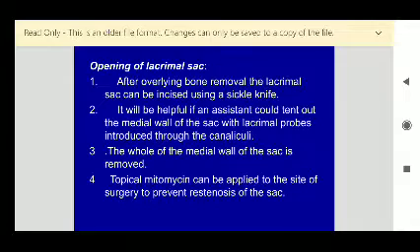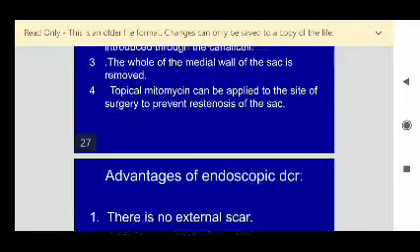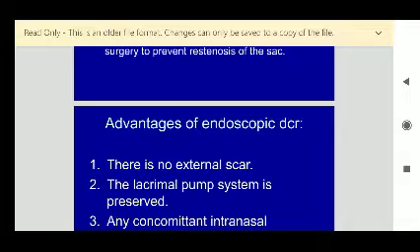The sac is then visualized and incised, and the anterior and posterior lips of the sac are visualized and reflected onto the anterior and posterior walls of the opening. Mitomycin can be used at the lips of the sac to reduce its closure.